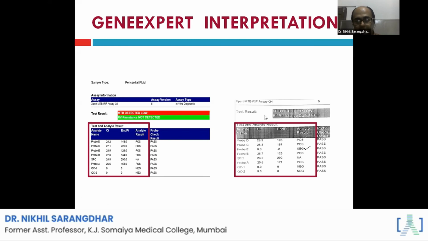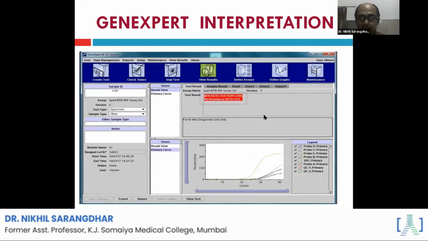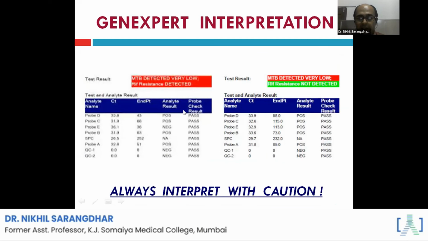So you have to be very careful because this gives you a dilemma when you're dealing with the patient. Last but not the least, let's look at MTB detected very low. MTB detected very low, RIF resistance detected, so you have two red bands, and then you have again two discrepant reports. Very low was what? Anything above 28.